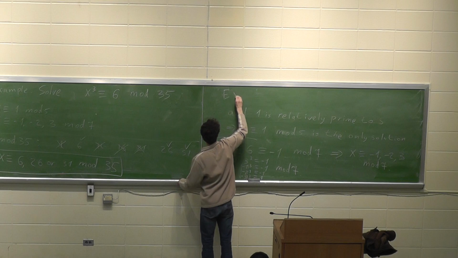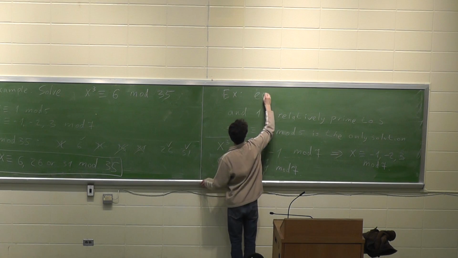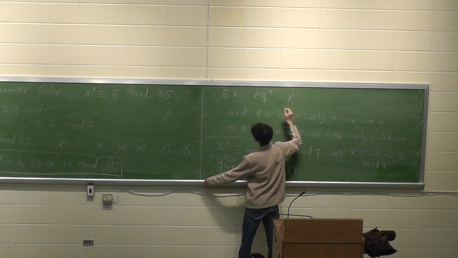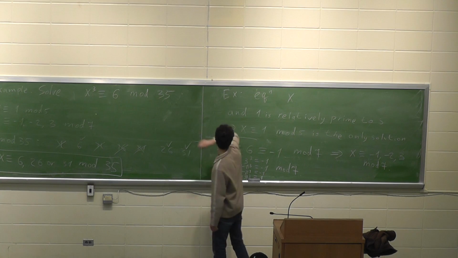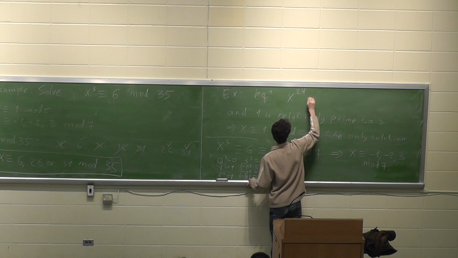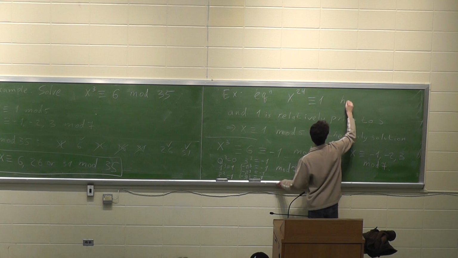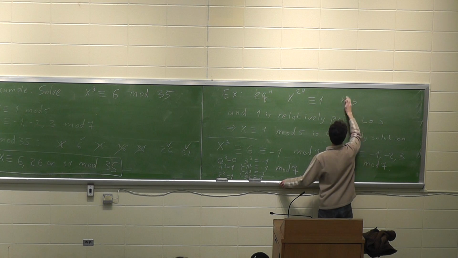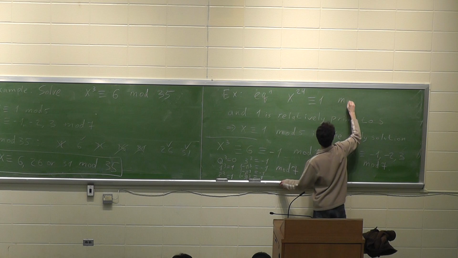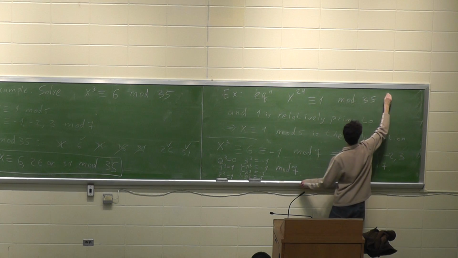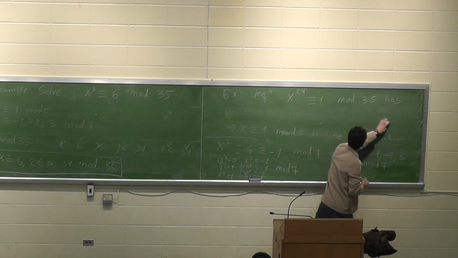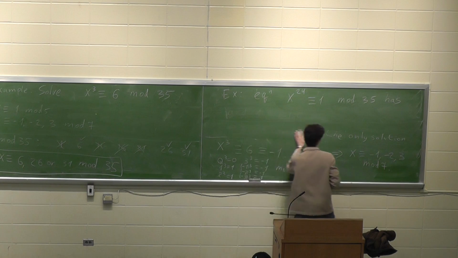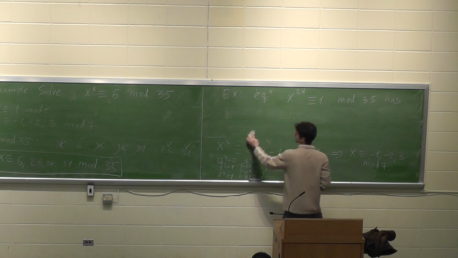Example: the equation x to the power 24 is congruent to 1 modulo 35. How many solutions?